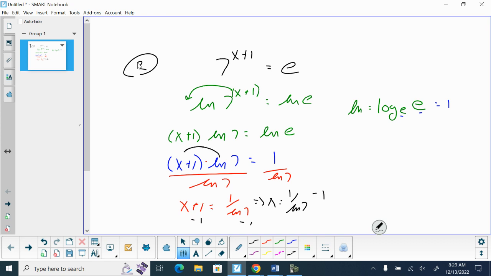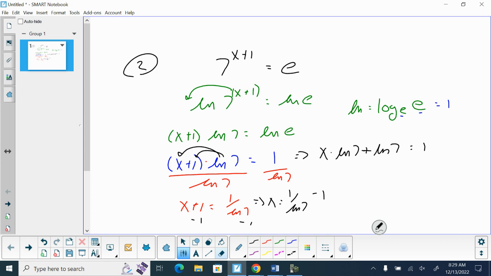If you wanted to, you could distribute over both your terms, which will give us x times the ln of 7 plus 1 times ln of 7, and that's equal to a value of 1 still.